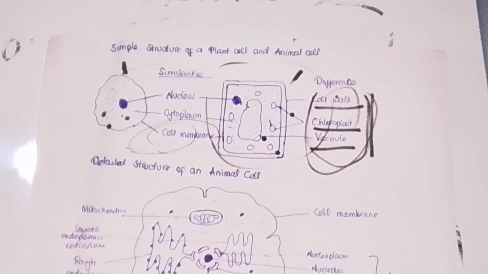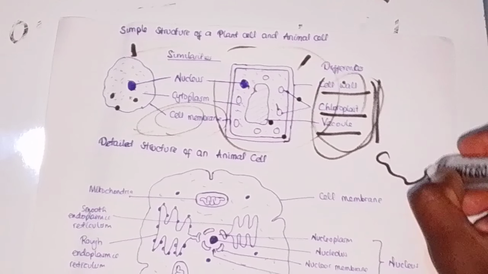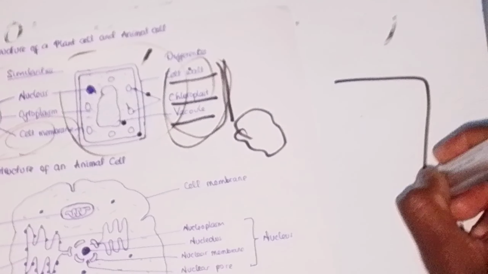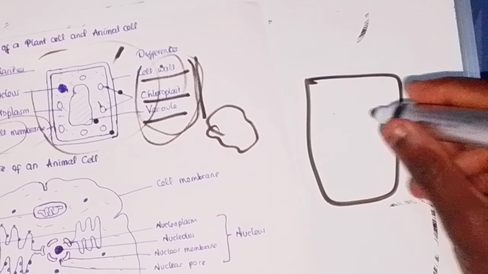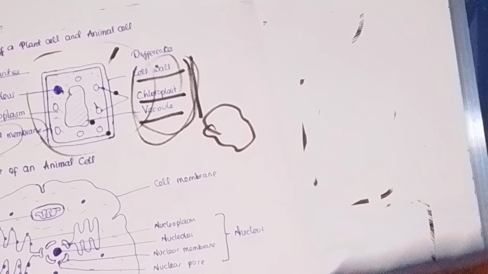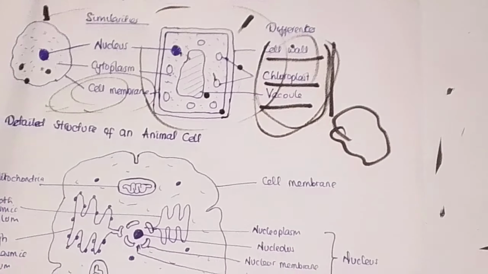You can't tell whether it's a circle or a rectangle. This is just the way an animal cell is. But a plant cell, as you can see, has a regular shape, like a square or a rectangle. Its structure is regular.